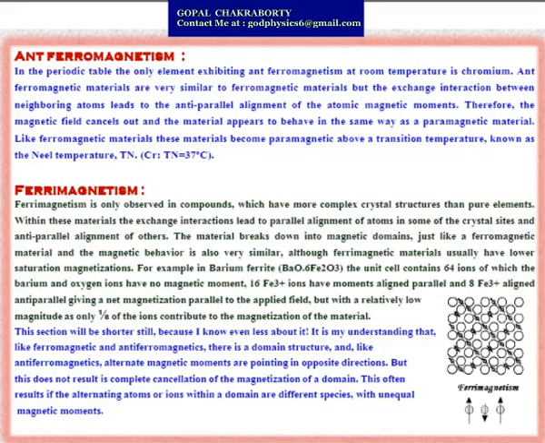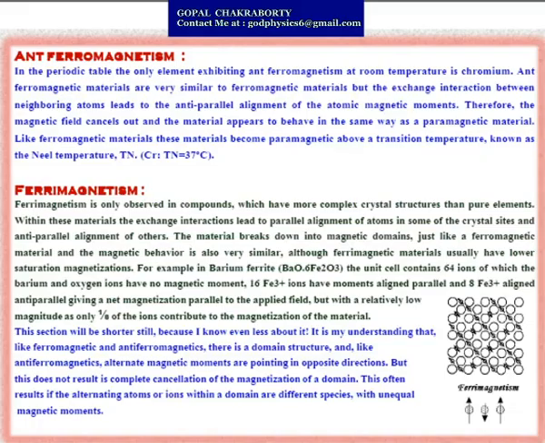Now the last two ones, that is antiferromagnetism and ferrimagnetism. Antiferromagnetism: in the periodic table, the only element exhibiting antiferromagnetism at room temperature is chromium.